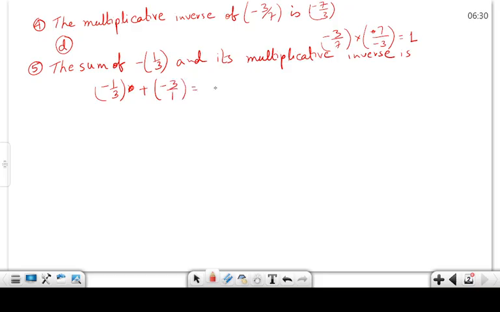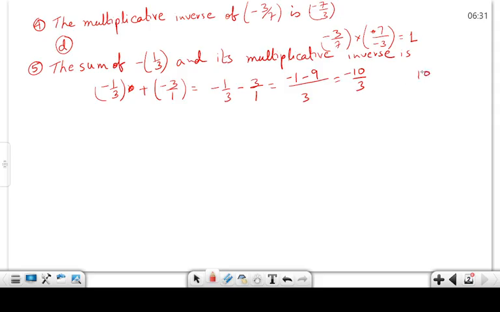And for the sum, you have to add this number and its multiplicative inverse, minus 3 by 1. So we get minus 1 by 3 minus 3 by 1. If we take the LCM, the LCM is 3, therefore minus 1 minus 9, and then we are getting minus 10 by 3.